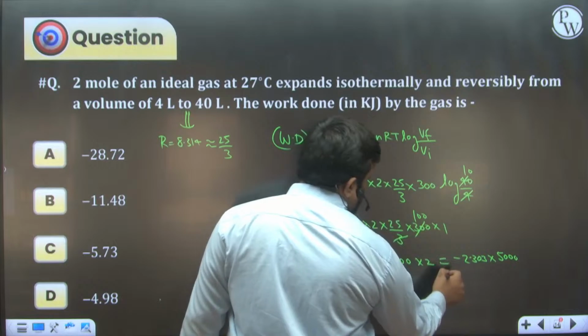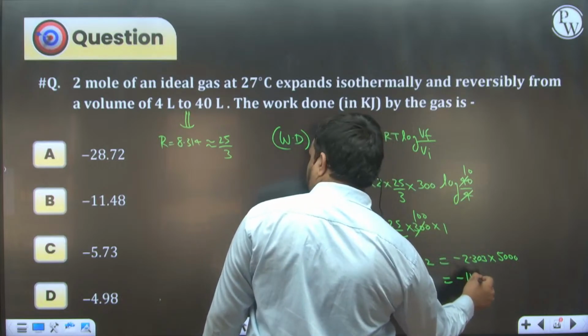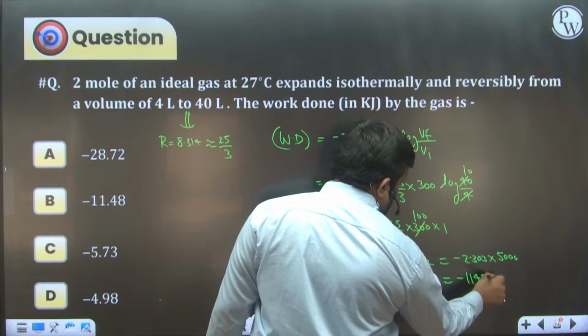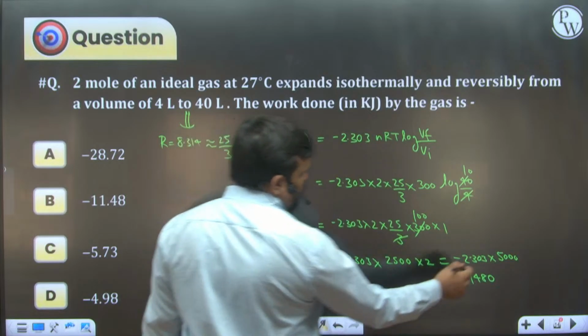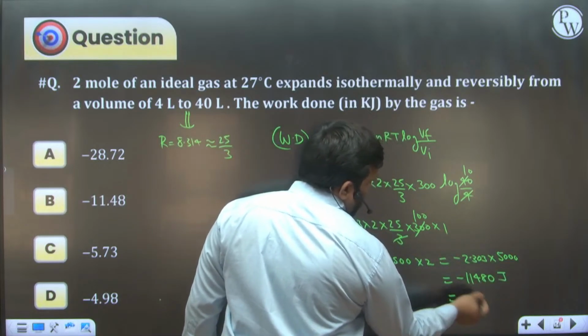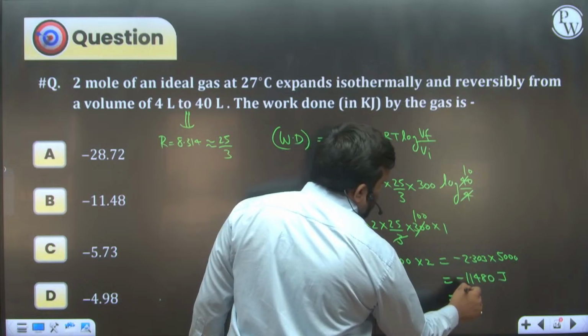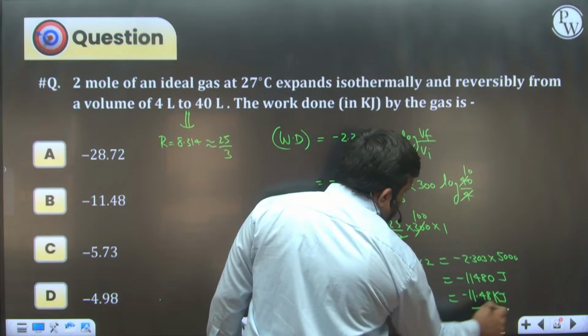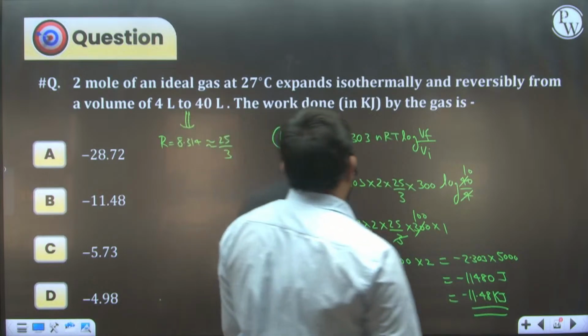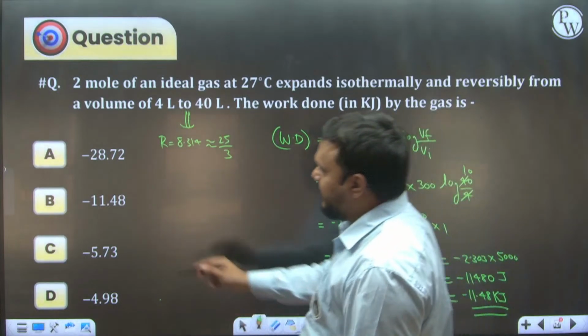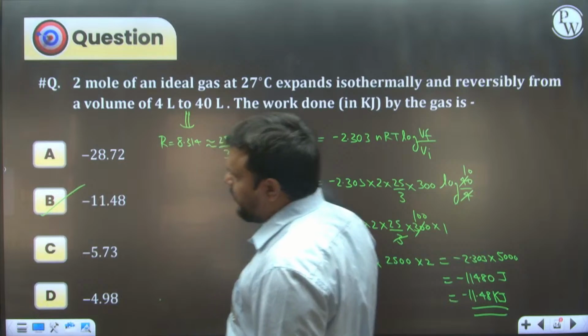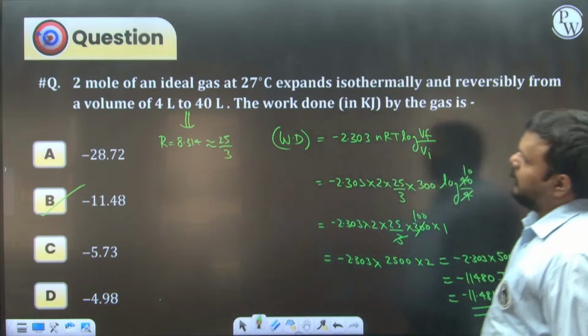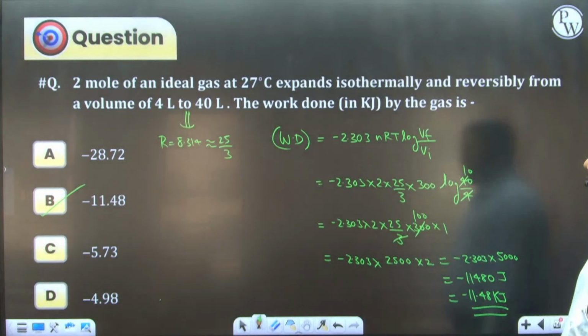So we are getting minus 11480 approximately joules. Converted into kilojoule, divided by 1000, minus 11.48 kilojoule. This is the work done we are getting. So work done will be minus 11.48 kilojoule. So we calculated the work done for reversible isothermal process.